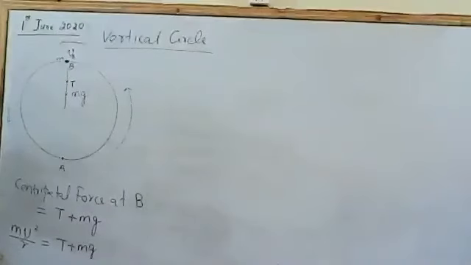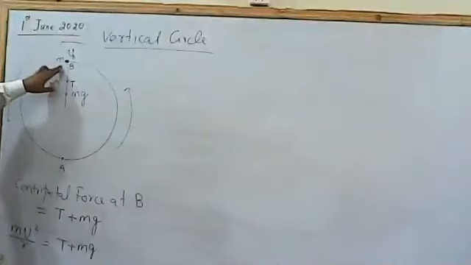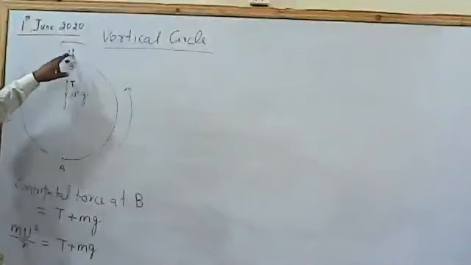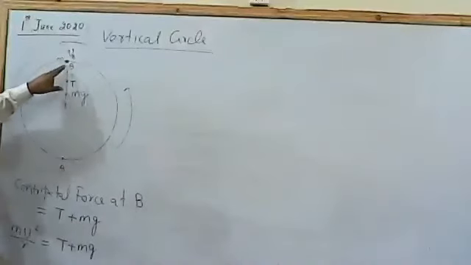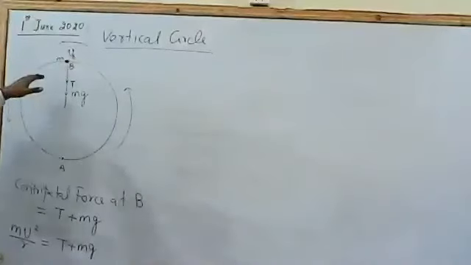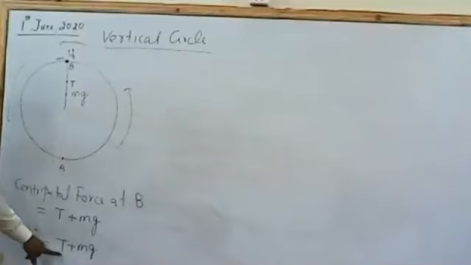This is important to understand for another reason. If I want to know the minimum speed required by this object so it moves over without falling vertically, I can take this tension equal to 0.